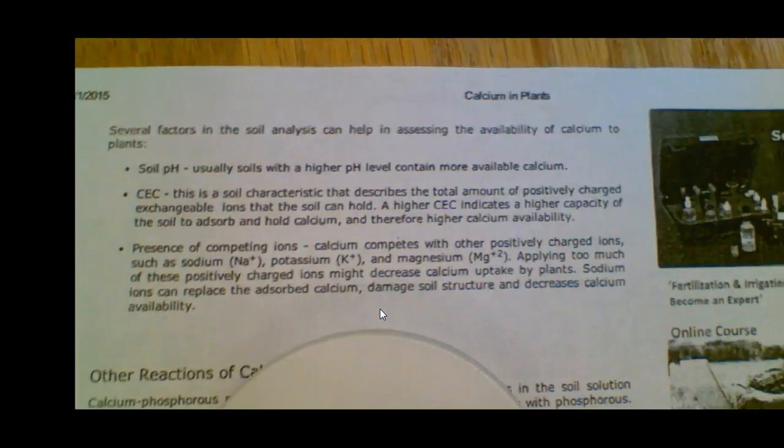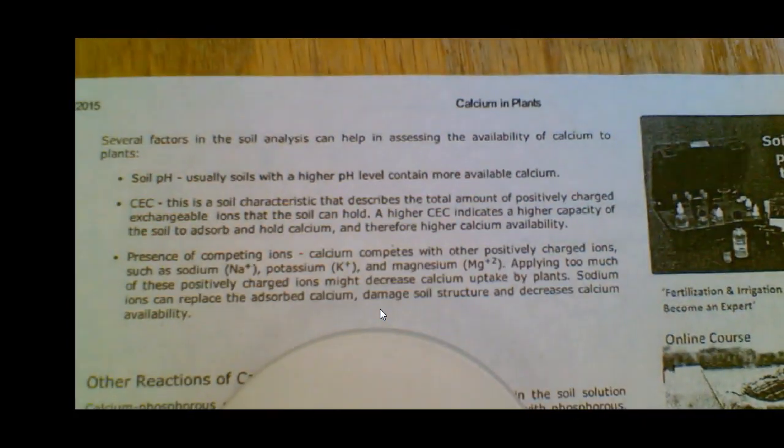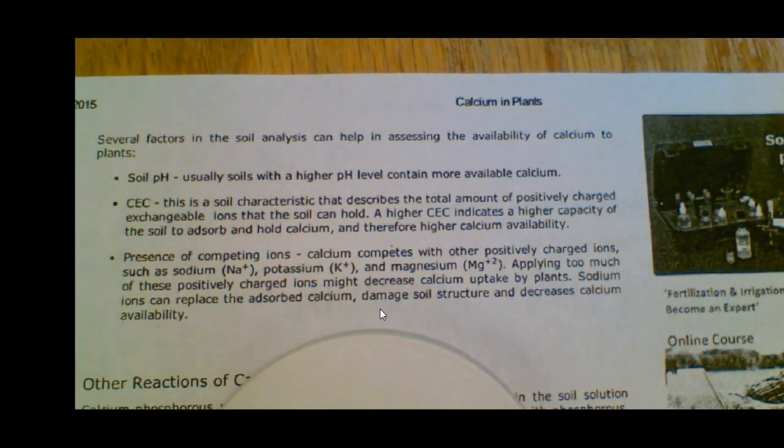So let's look at this last couple sentences here. So there are several factors in the soil analysis that can help in quantifying or assessing the availability of calcium to plants. So when we look at soil pH, usually our soils that have a higher pH contain more available calcium. Okay, that's one fact.